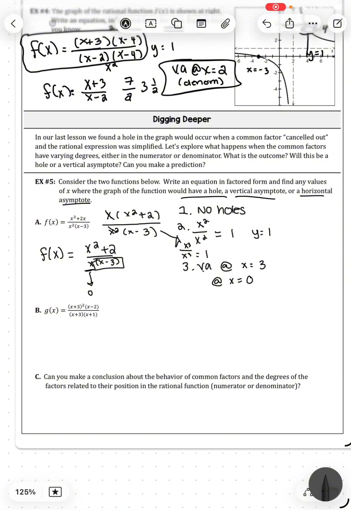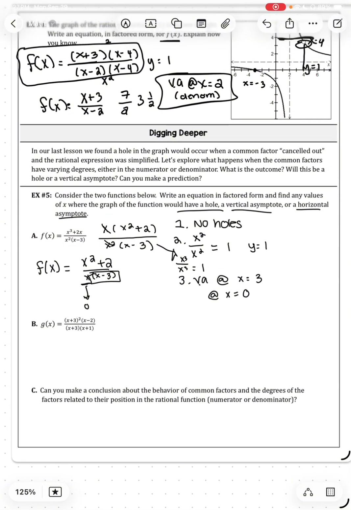Okay, moving on. Our next equation is g of x equals x plus 3 squared times x minus 2 over x plus 3 times x plus 1. Okay, we know x plus 3 cancels out and it's a hole because the power on the top is greater than the one on the bottom. And then we know this is going to become a 0, and this is a vertical asymptote.